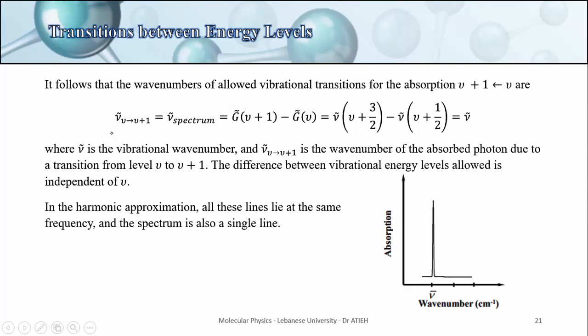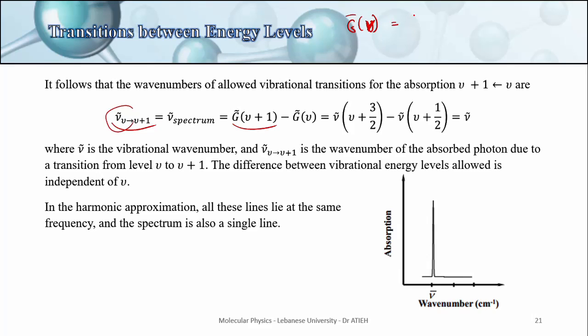So to calculate the wave number of the absorbed photon, nu bar, it is simply G bar of nu plus 1 minus G bar of nu.